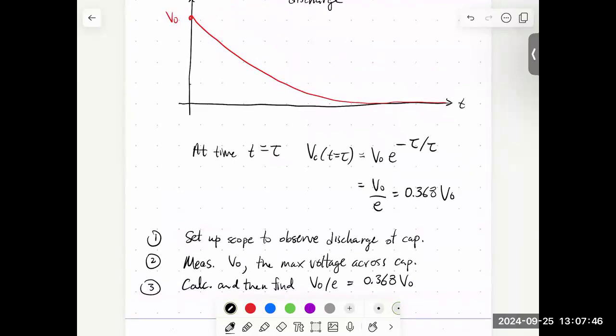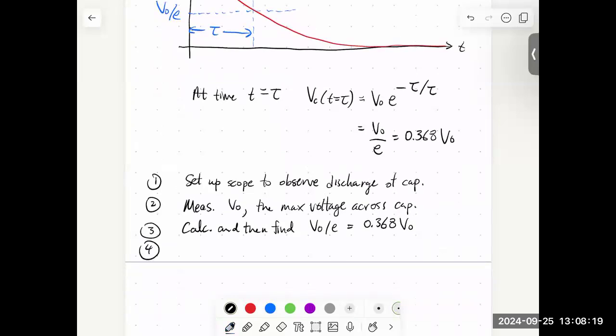And so you would go over here on your graph and you would say, all right, here is that voltage. This is V naught over E. And so the time that it takes to go from fully charged to V naught over E is an estimate of tau. And so this time range here is tau.